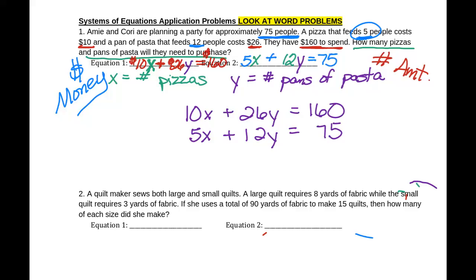Now, as you look at those, do you see any graph nearby? No, so we're not going to graph it to figure it out. Do you see where we could easily isolate a variable and use substitution? No. So that leaves elimination. What would you probably do to eliminate one of these variables?